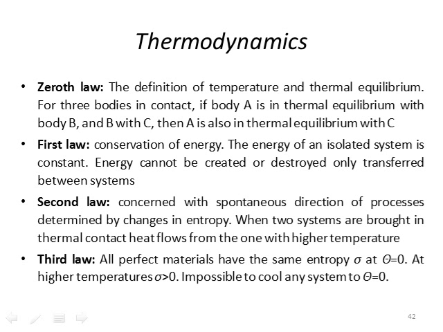This is concerned with the spontaneous direction of processes determined by changes in the entropy. When two systems are brought into thermal contact, heat flows from the one with a higher temperature. And the third law: all perfect materials have the same entropy at temperature equal to 0. At higher temperatures, the entropy increases.